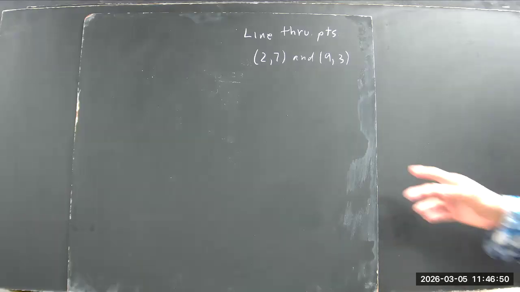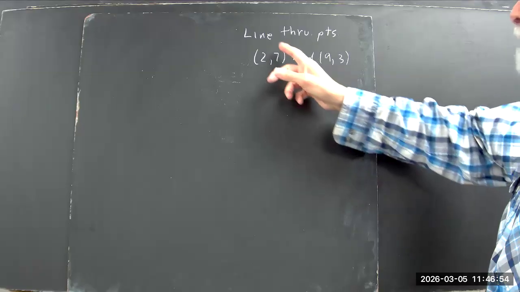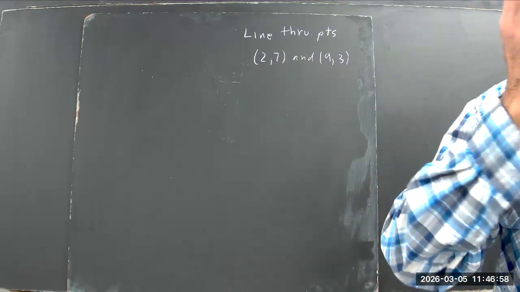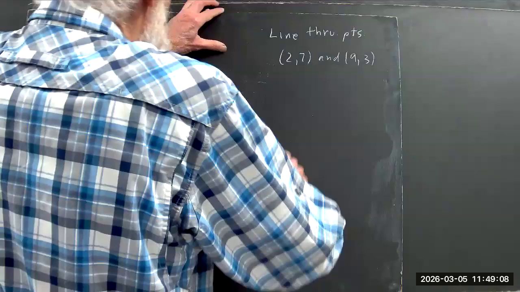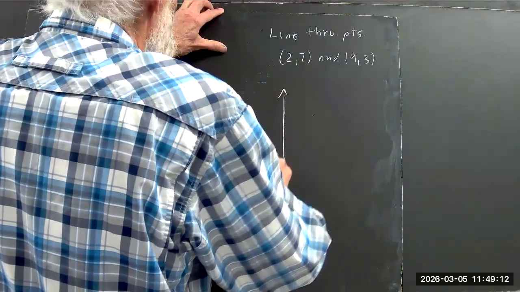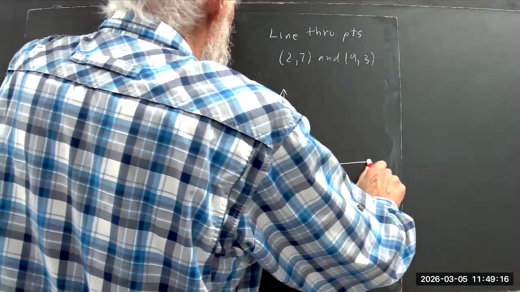Okay. One thing I want everybody to do kind of quickly is sketch a graph showing a line through the points 2, 7 and 9, 3. I'm going to draw a set of coordinate axes.